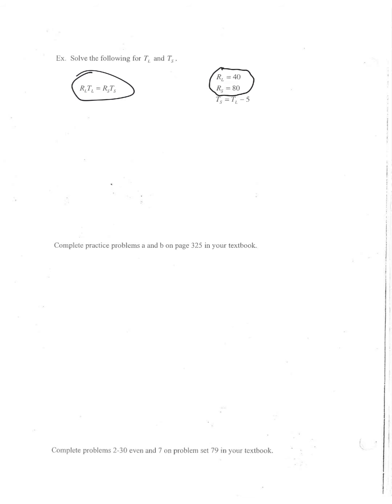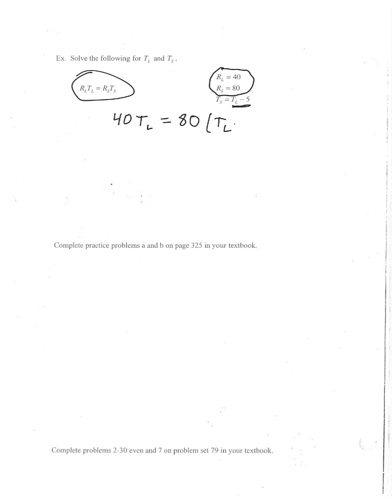R sub L is 40, so I'm going to substitute 40 in for R sub L. I don't know what T sub L is, and I guess I could solve for T sub L on the right, but I'm not going to, because it would be more trouble than it's worth. R sub S is 80. And I'm going to take T sub S and substitute T sub L minus 5 for it.